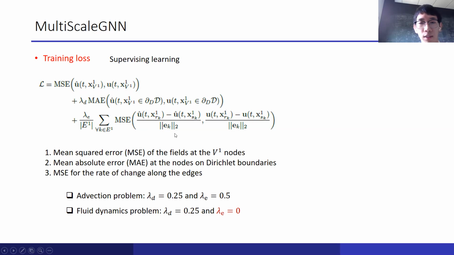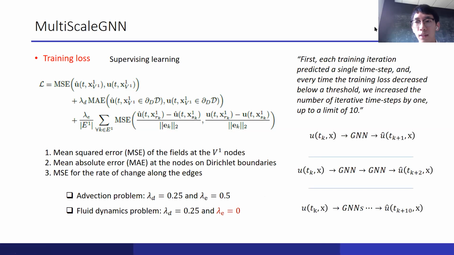And the third term is the MSE for the rate of change along the edges. To my understanding, this is to penalize the gradient of the field, or the flow field. And there are two weighting coefficients in the loss function, and they choose these hyperparameters here. It's a bit surprising to me that they didn't use the third term for the fluid dynamics problem. They set lambda E to 0 for the fluid dynamics problem.